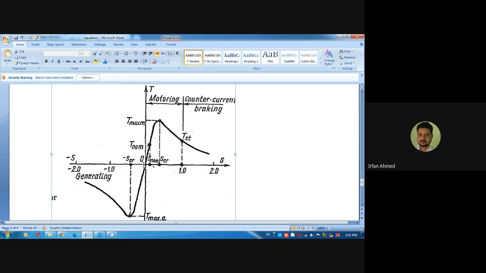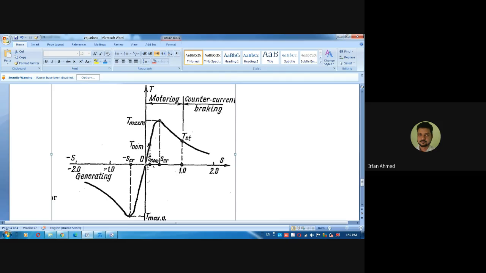Okay, so this is the point where the slip is zero. Slip is zero implies that your speed is equal to the synchronous speed. So when the slip is zero, or when the motor speed is equal to the synchronous speed, the motor torque is also zero.